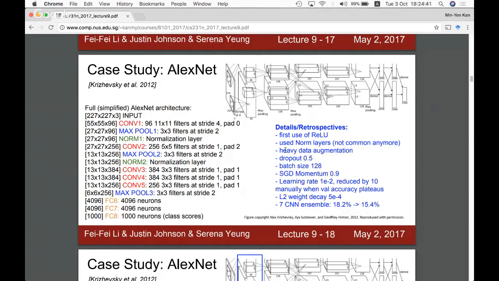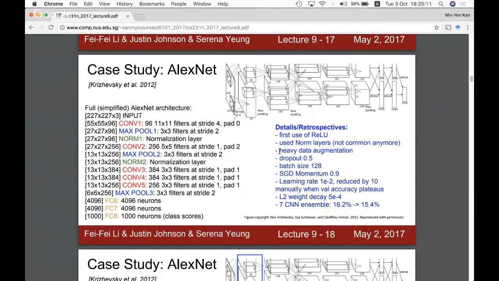And third, it uses heavy data augmentation. The data augmentation methods used by AlexNet come mainly from two ways. First is to crop, shift, and rotate the pictures to generate many more training samples.